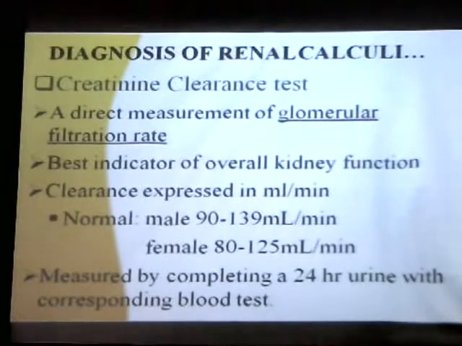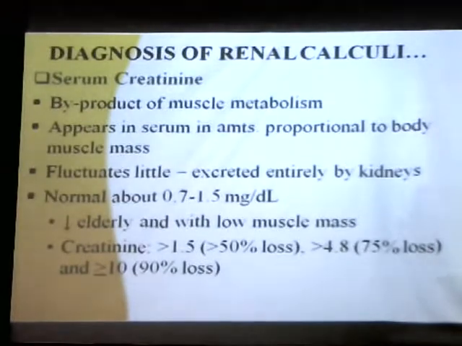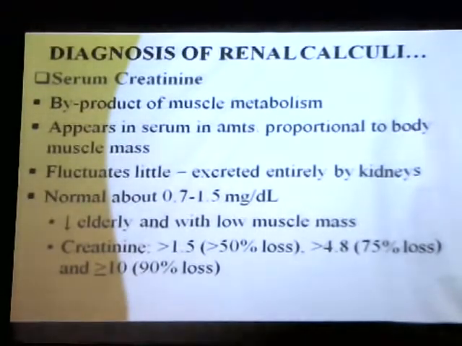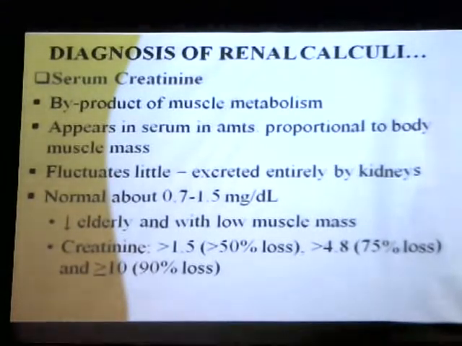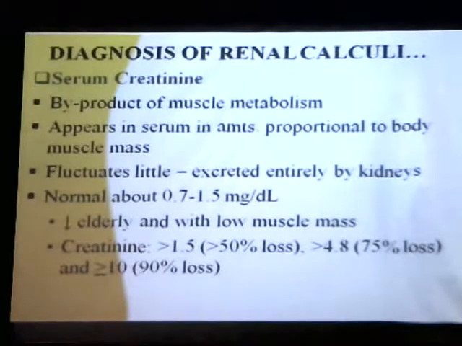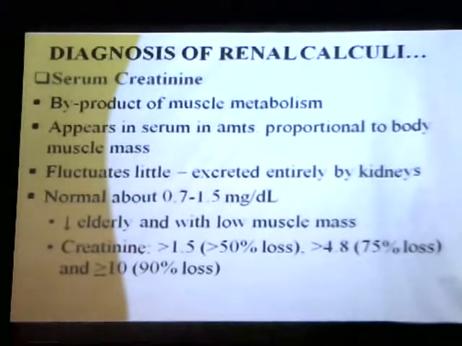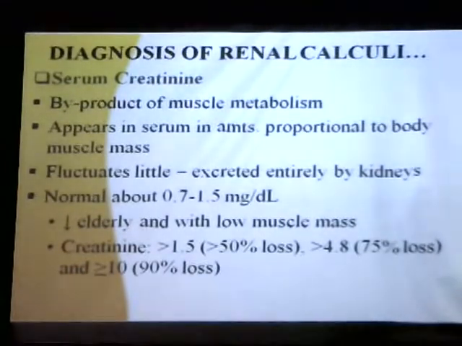It is measured by completing a 24-hour urine collection with a corresponding blood test for creatinine, so we compare the creatinine content in blood and in urine. Serum creatinine is a byproduct of muscle metabolism. It appears in serum in an amount proportional to body muscle mass, fluctuates little, and is excreted entirely by the kidneys, so there is no other excretory source.